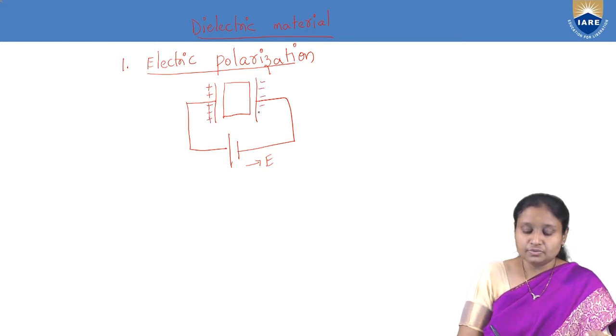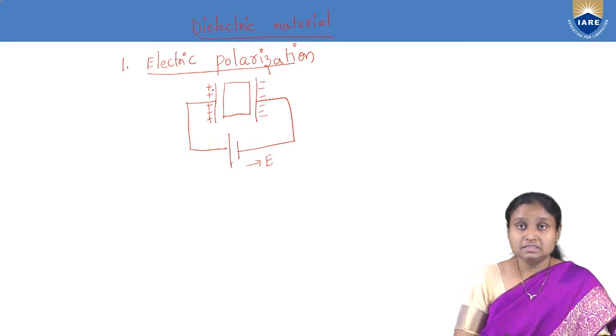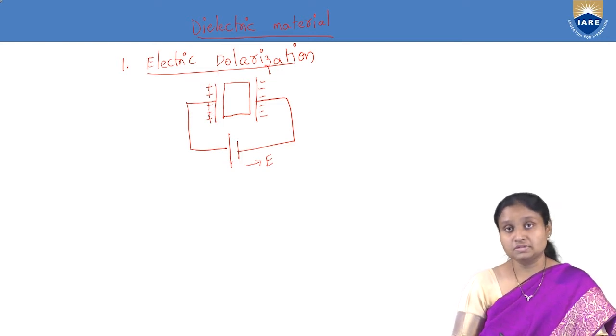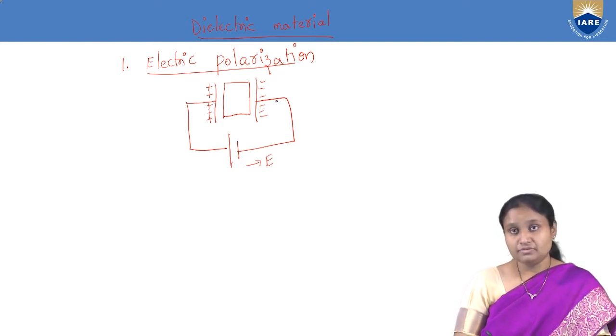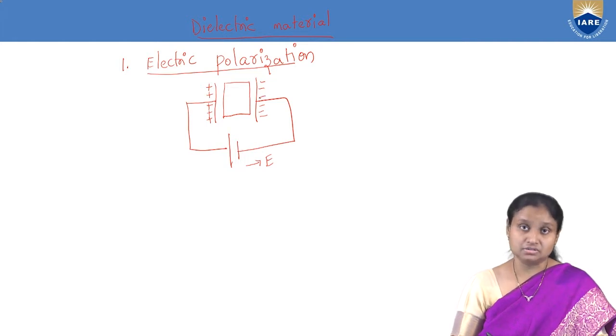As you can see, the left plate, because it is connected to the positive terminal, becomes positively charged, whereas the right plate, because it is connected to the negative terminal, is negatively charged. So first we have storage of charges on the capacitor plates.